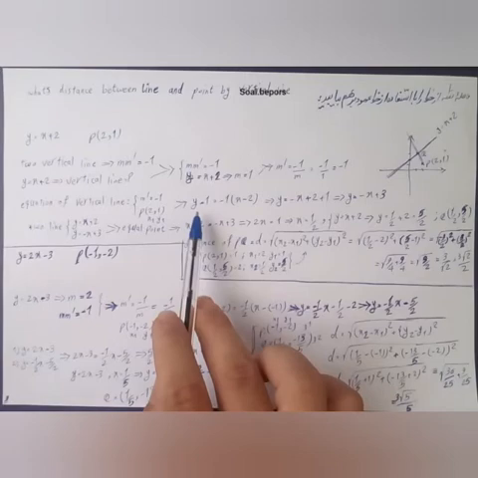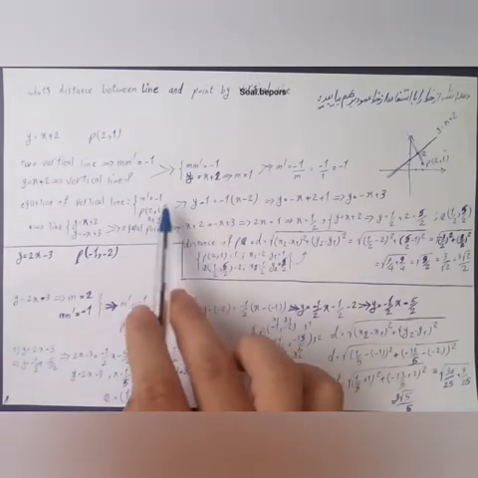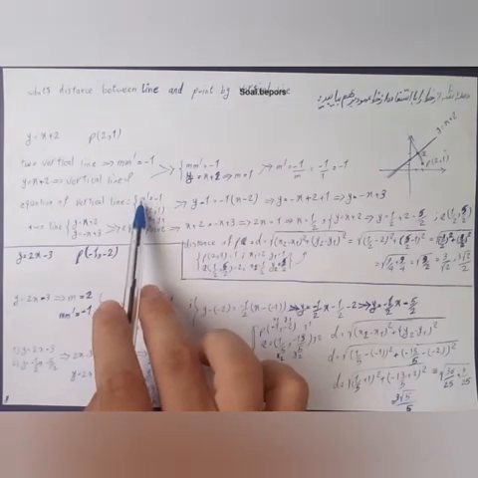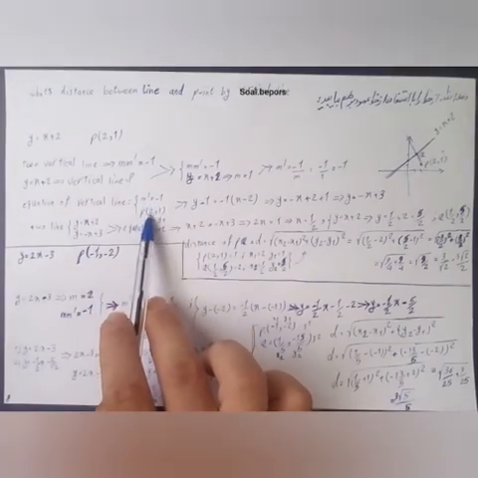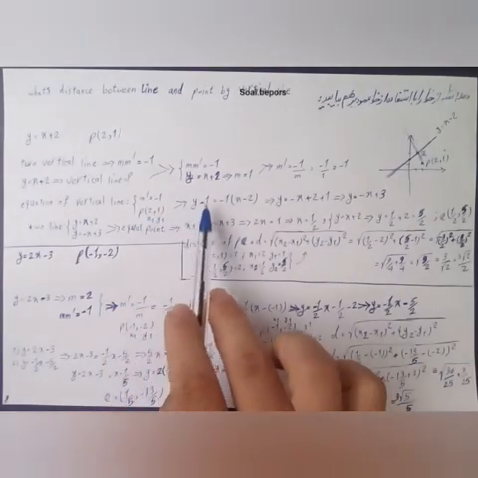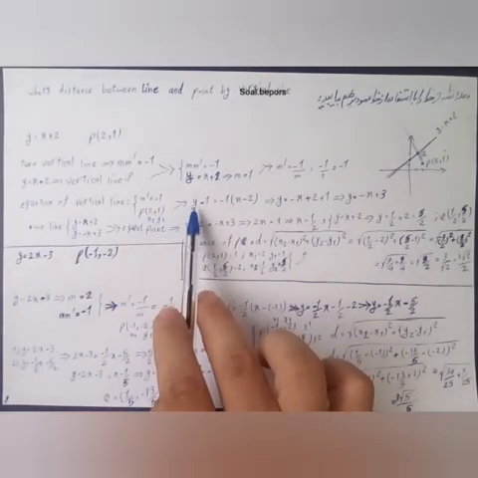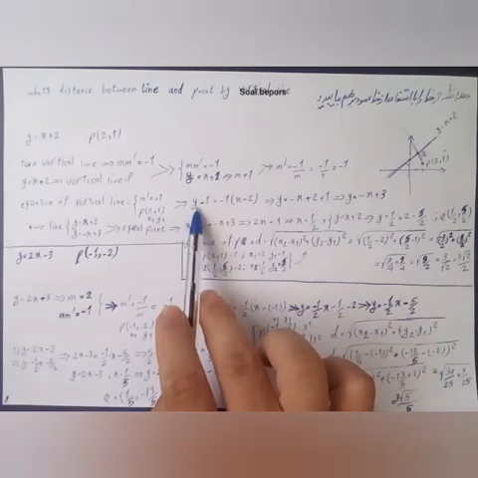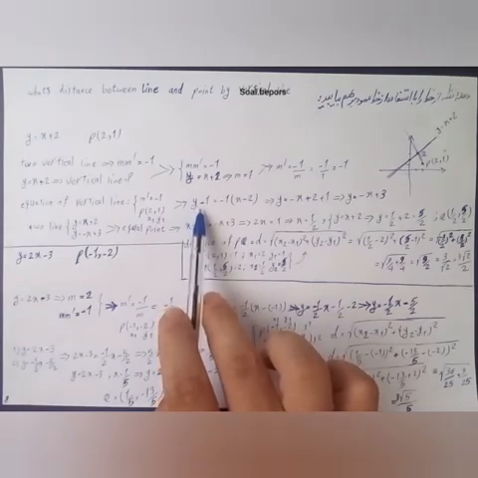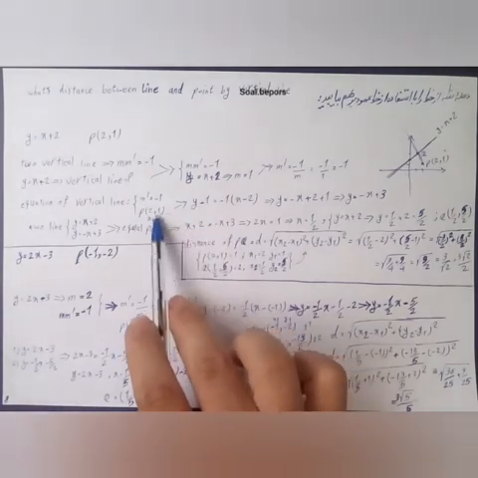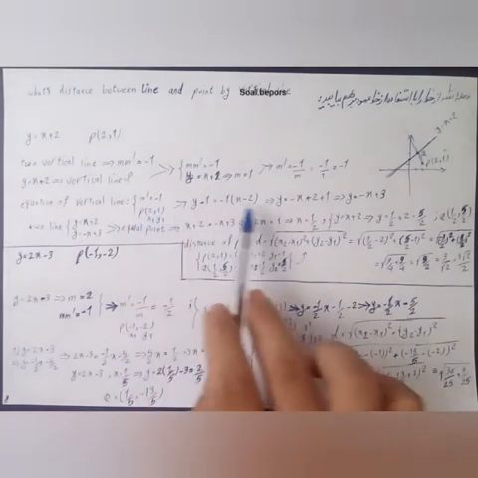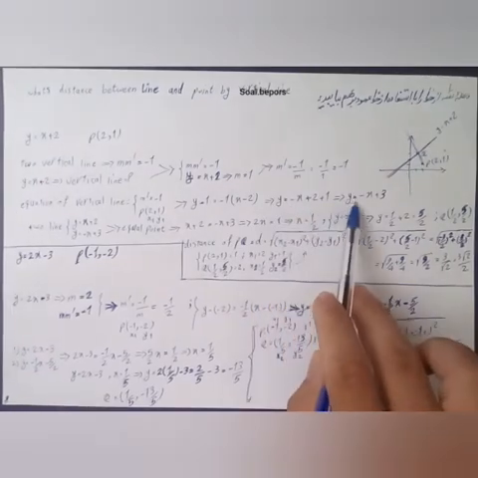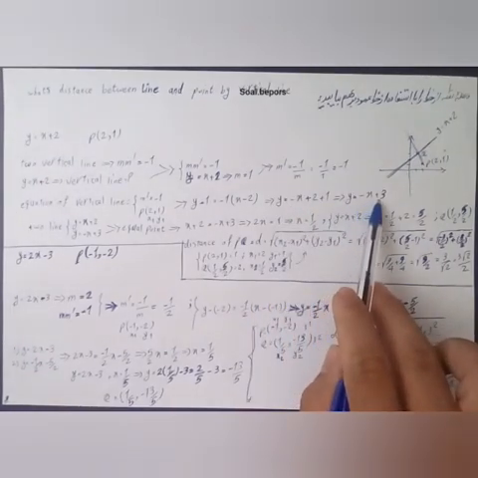So we have the slope of the perpendicular line and we have point P, so we can find the equation of the perpendicular line. The equation of the perpendicular line through point P with slope -1 is -x plus 3.